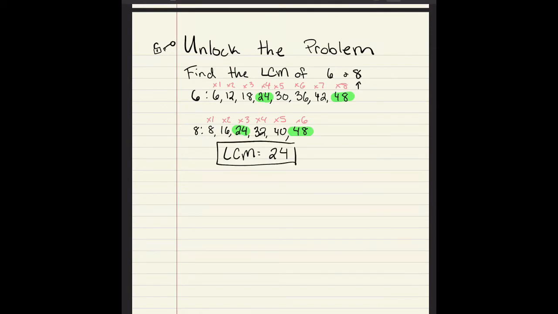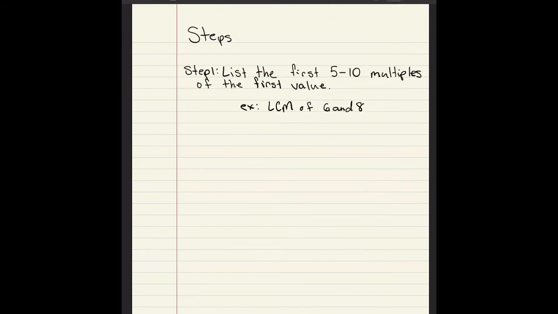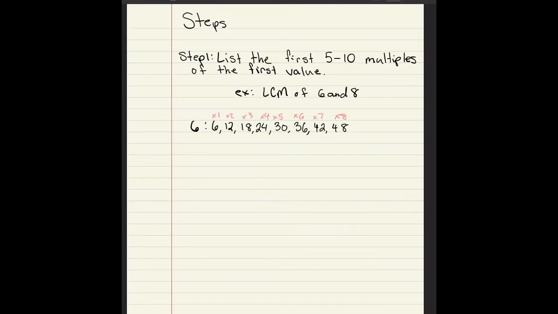All right, let's jump into steps on why everything works like this. Step 1 is to list the first 5 to 10 multiples of the first value. If we're working with our example, LCM of 6 and 8, here are the first 8 multiples of 6.